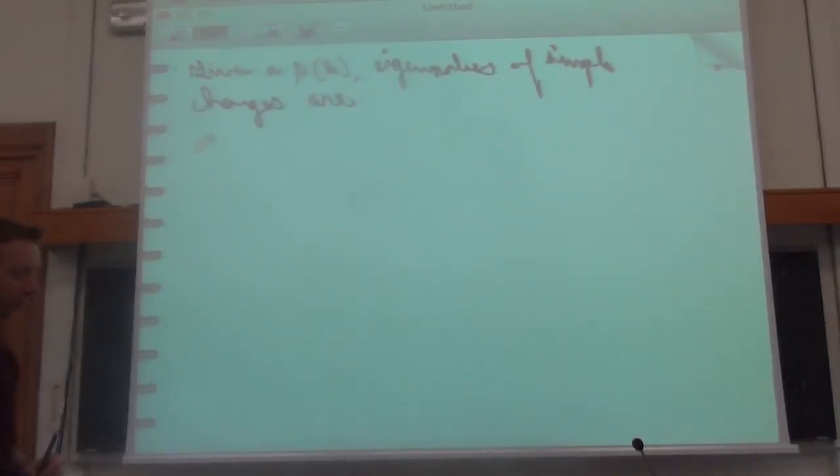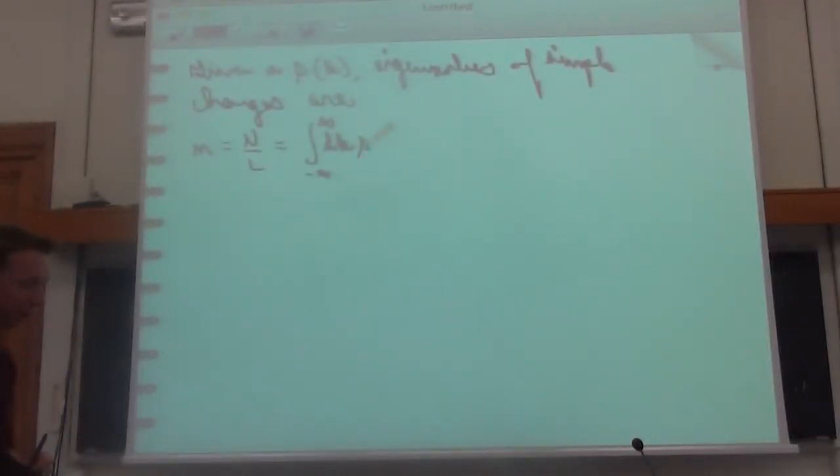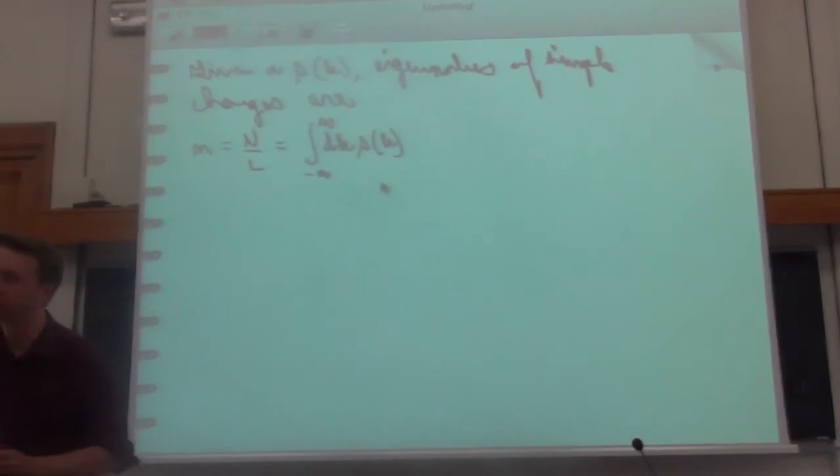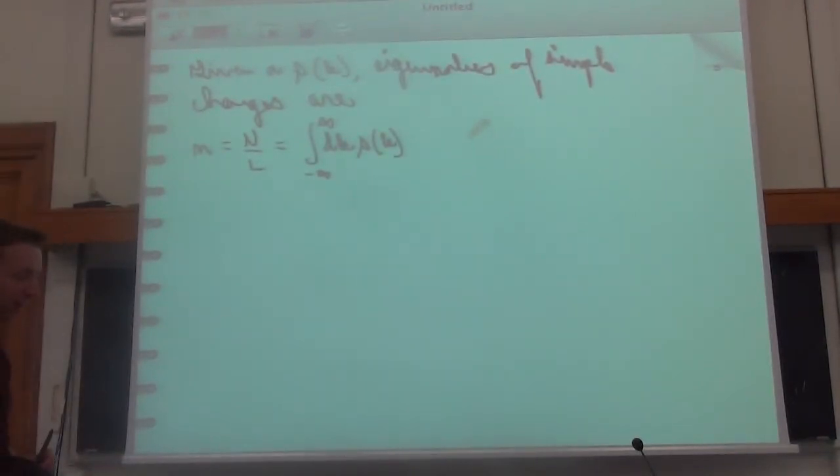first of all, the number density, which is N over L in the thermodynamic limit. This is just the integral from minus infinity to infinity, dk of rho of K. Right? The momentum density, which is just the total momentum of the state divided by, again, the length. This is just the integral dk of K times rho of K. And you remember the expression for the energy.